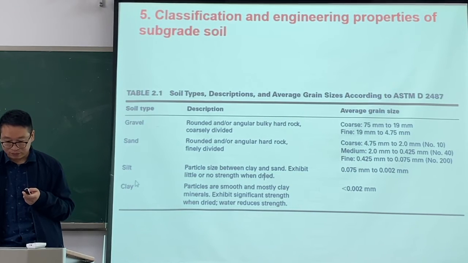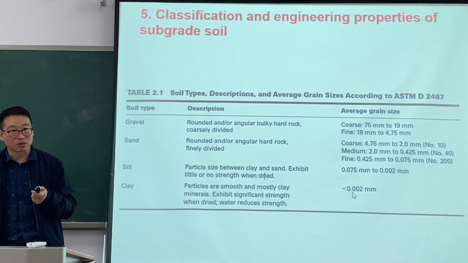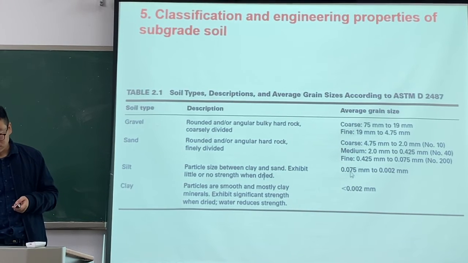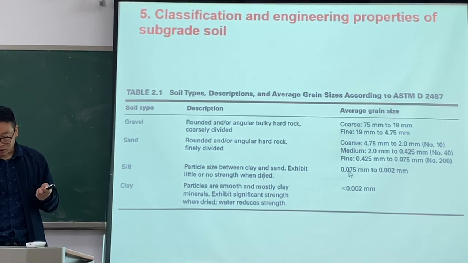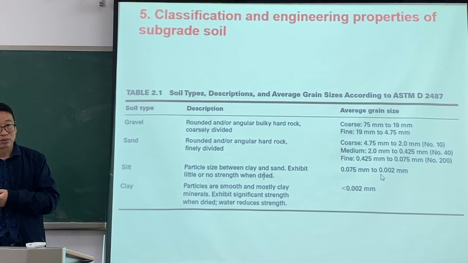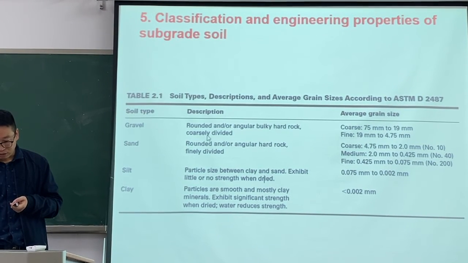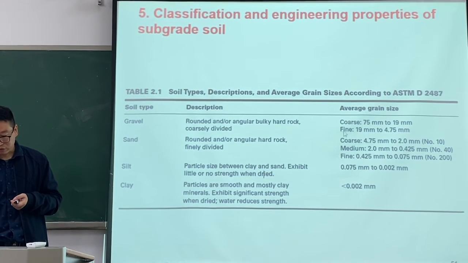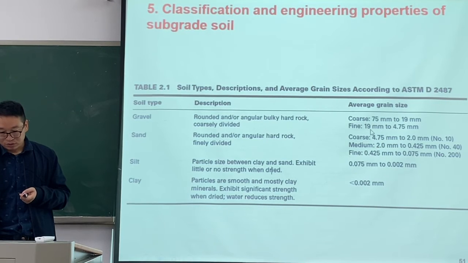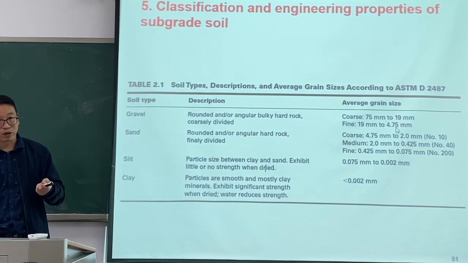Clay is less than 0.002 millimeters, silt is 0.075 to 0.002 millimeters, and gravel, fine or coarse, is 19 to 4.75 millimeters.